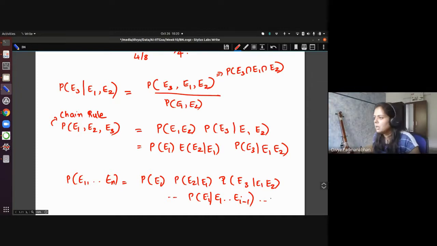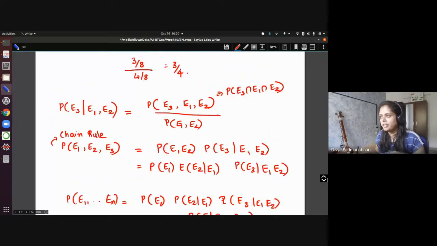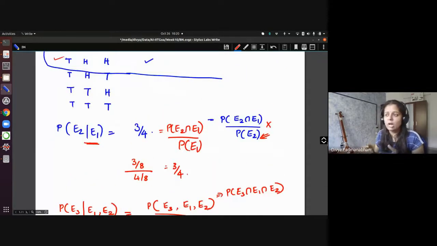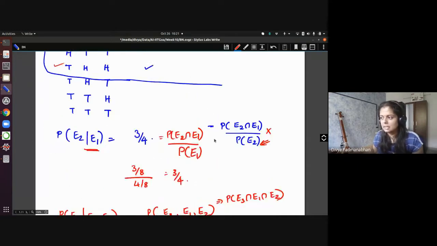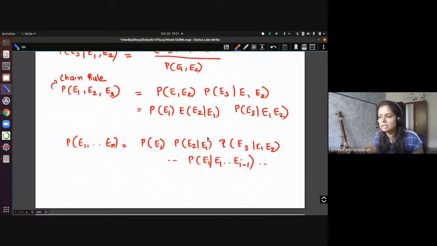Okay, so now coming back to this example, if you were going to estimate these probabilities from data: typically in these kinds of coin tosses, you have these individual probabilities and intersection probabilities beforehand. But suppose you had to estimate them from your data.